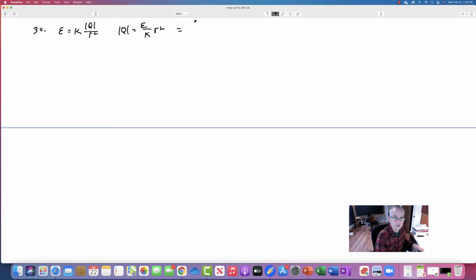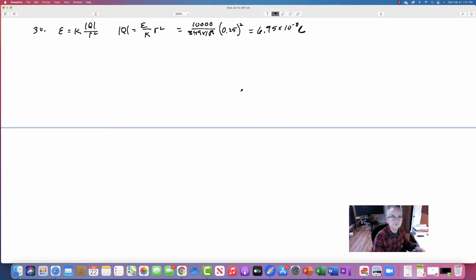And so that's going to be 10,000 newtons per coulomb divided by 8.99 times 10 to the ninth times 0.25 squared. And so that's going to equal 6.95 times 10 to the minus 8 coulombs.